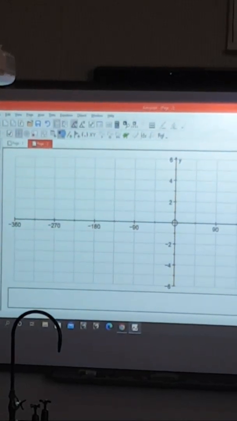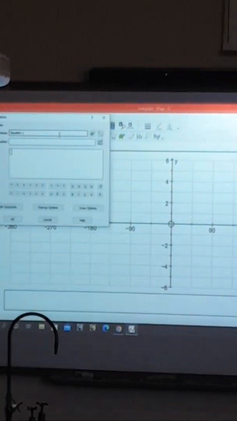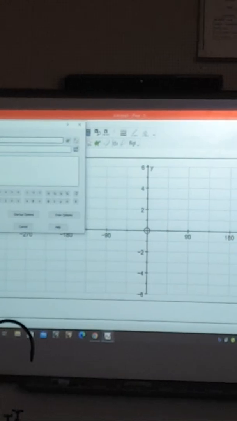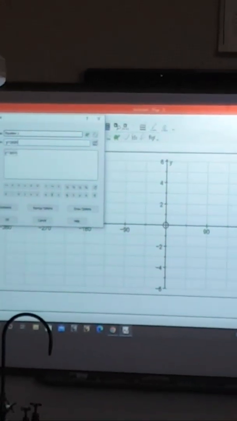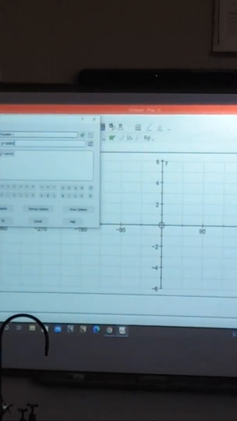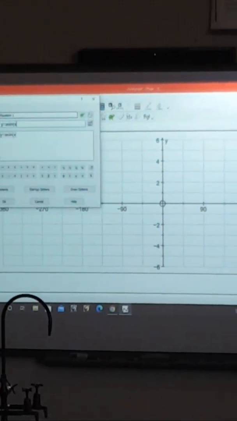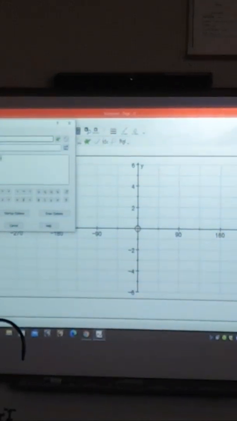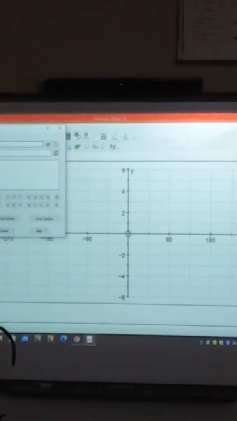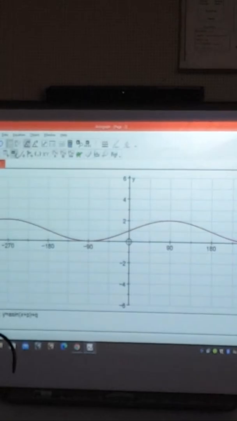And then let's put a sine graph, y equals a sin(x). For those who teach maths, this is the connection.